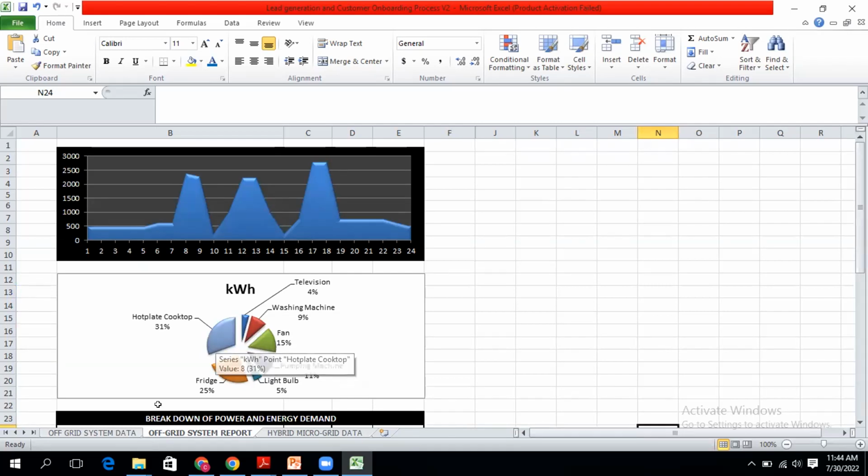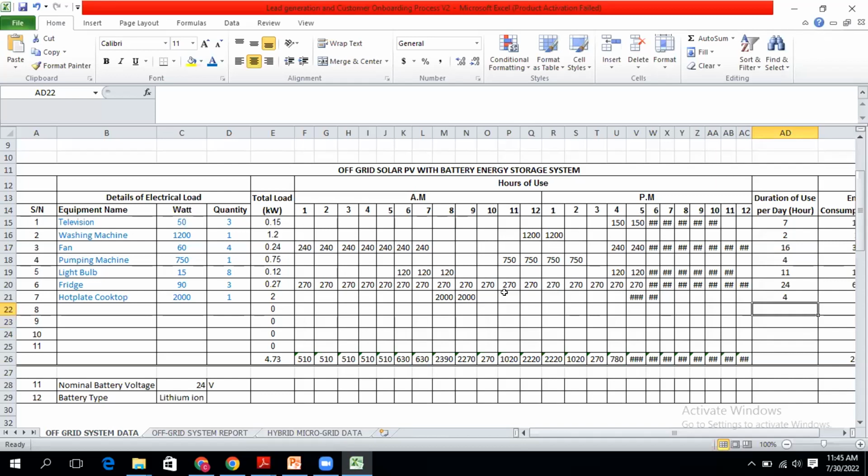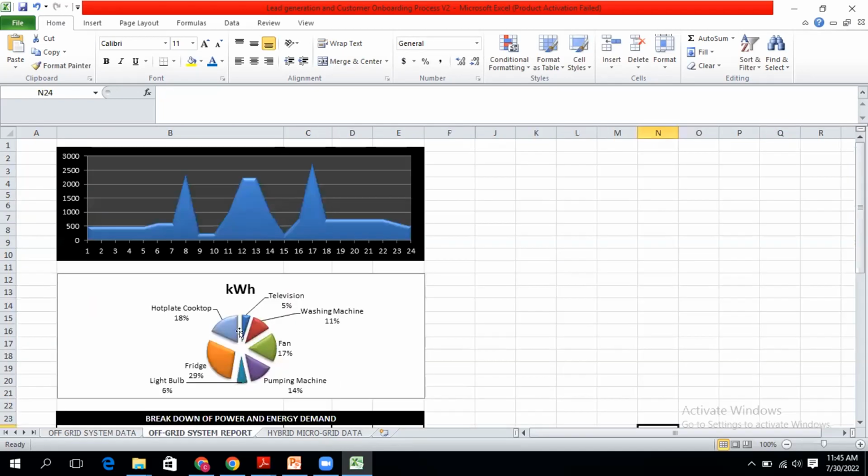If we reduce it further to 2 hours, so you use 1 hour in the morning and 1 hour in the evening, let us look at the effect. You can now see that our load profile is also changing. In the morning and in the evening, because of the heat from the cooker, it causes a spike in our load profile.